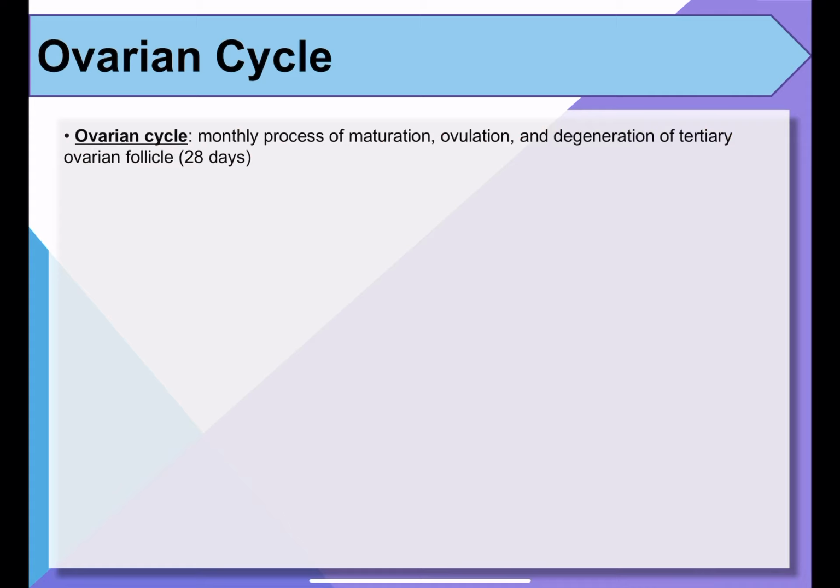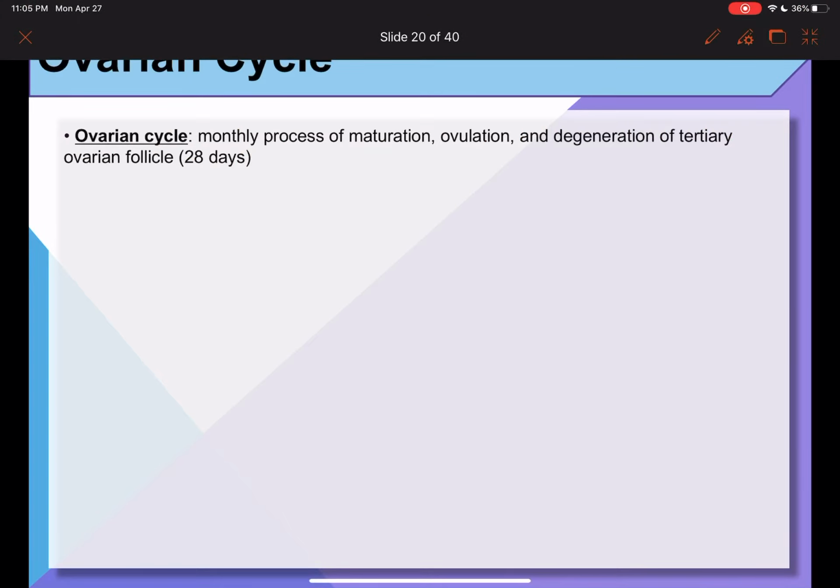There are two important cycles in the female reproductive system that coordinate ovulation and preparation of the uterus for potential fertilization and implantation of an embryo. We will begin by talking about the ovarian cycle for ovulation. It goes through a monthly process of maturation, ovulation, and degeneration of the tertiary ovarian follicle during those 28 days.